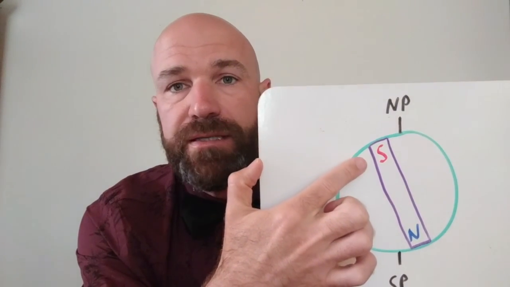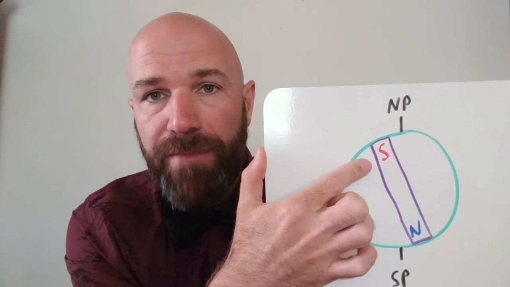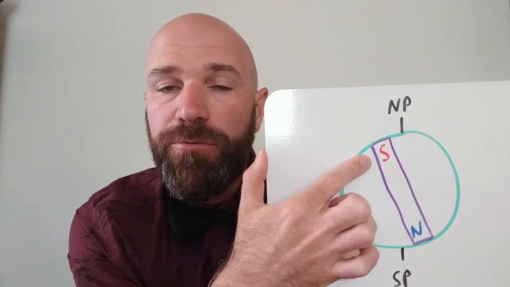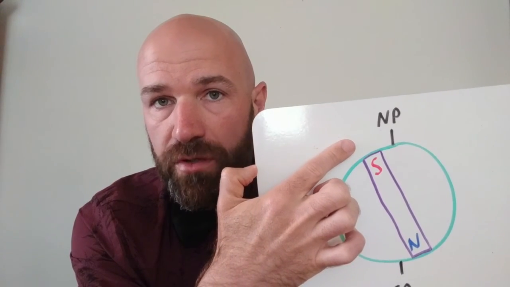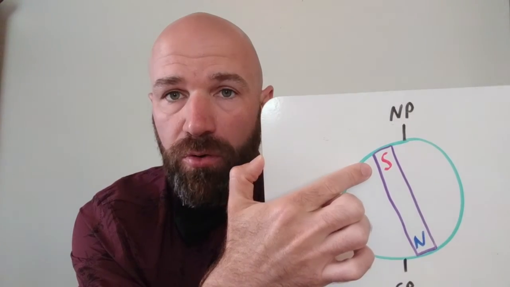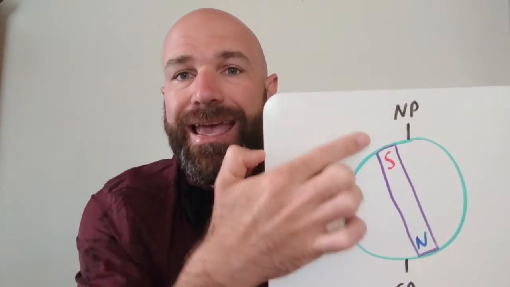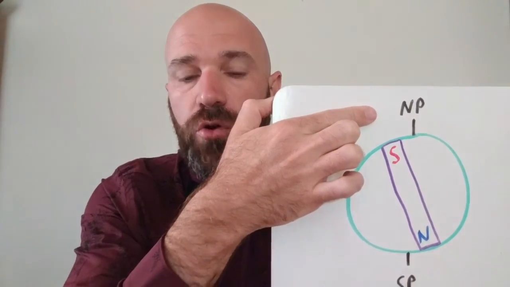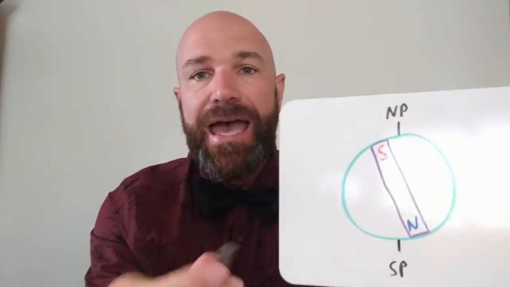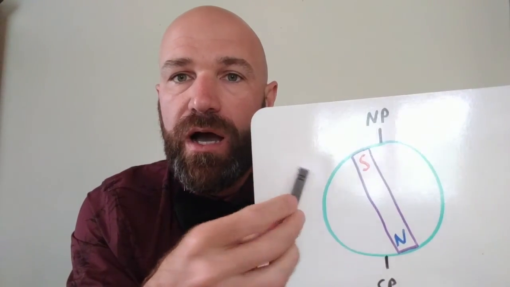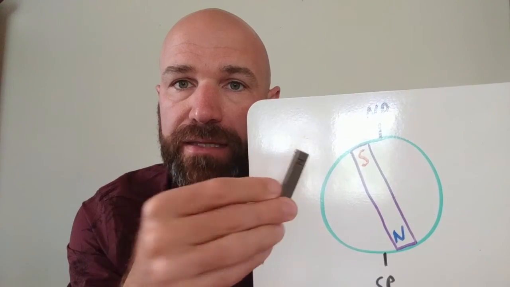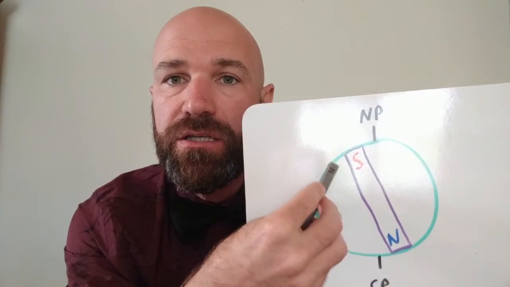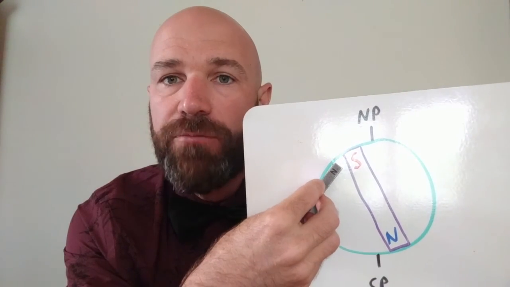Notice that when we label the poles of the magnet, a magnetic South Pole will have to be located at the geographic North Pole, because that is what this bar magnet would be attracted to.